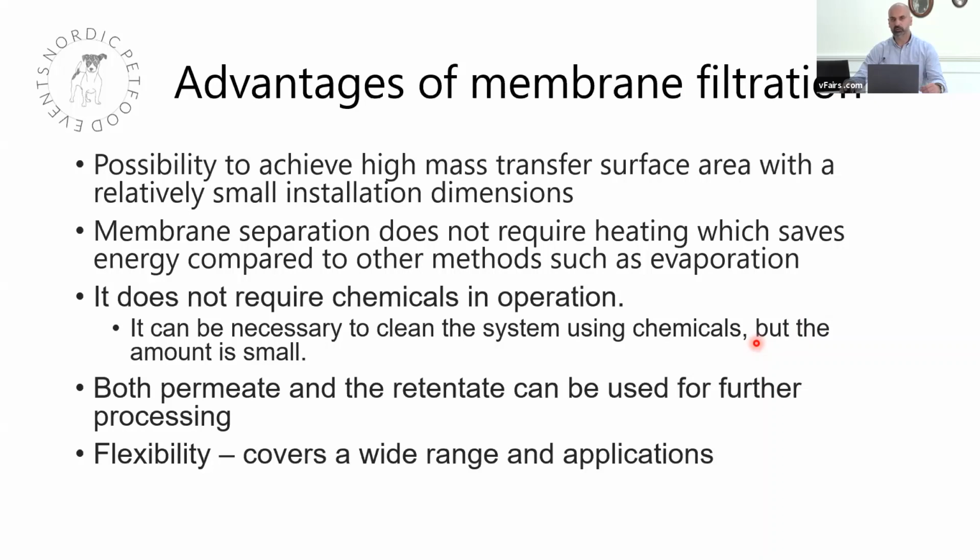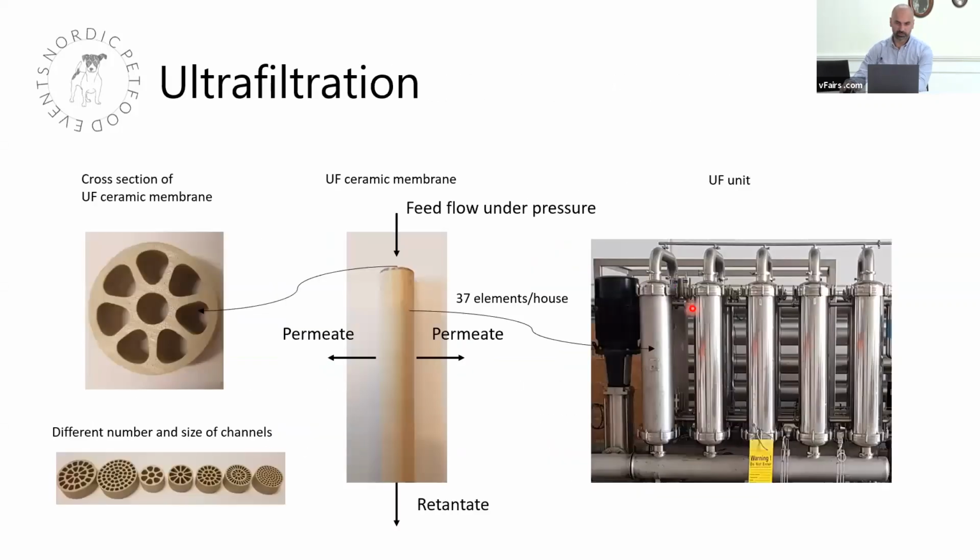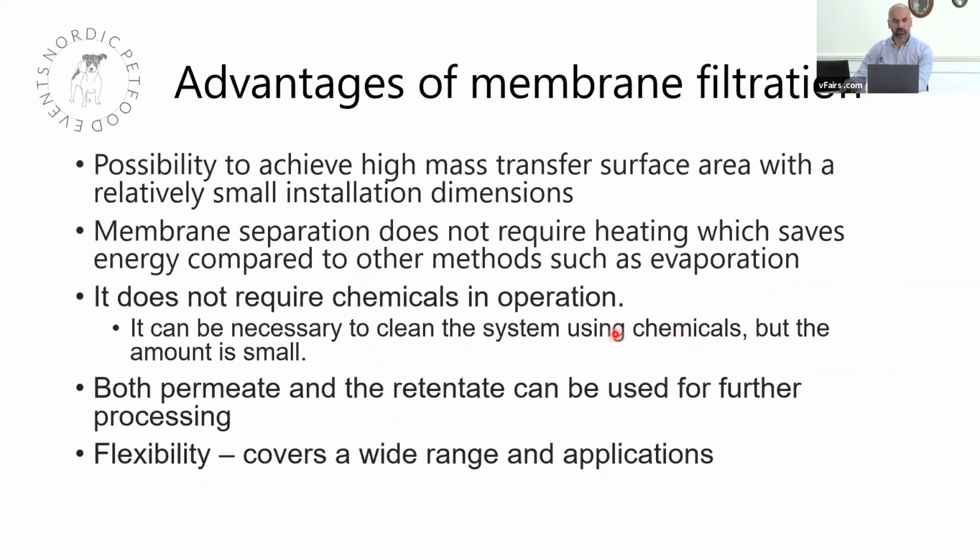Both permeate and retentate can be used for further processing. If we go back to this image, the retentate is also liquid, like the permeate, so both of these liquids can be utilized in further processing. It's also flexible because it covers a wide range of applications.